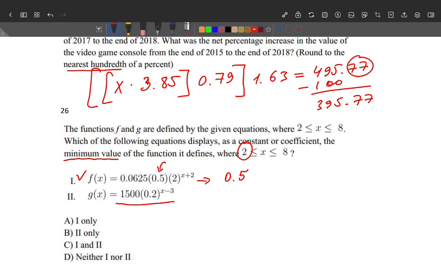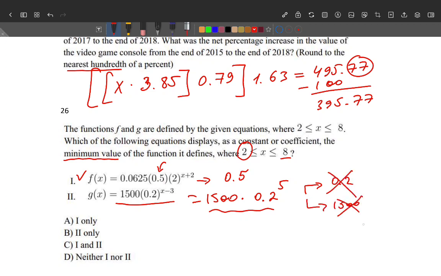It takes the minimum value when x is 8. I put here 8. The number is not equal to this number or to this number. It's not equal. Because of this, it's not displayed. The minimum value is not displayed here. Because of this, the only answer is the first one.